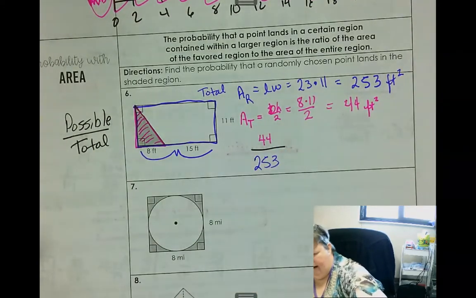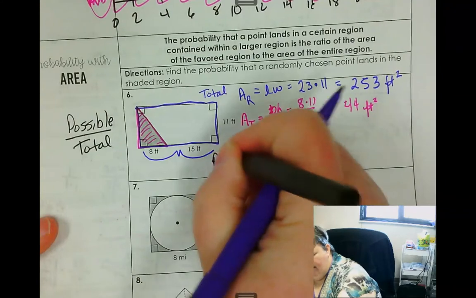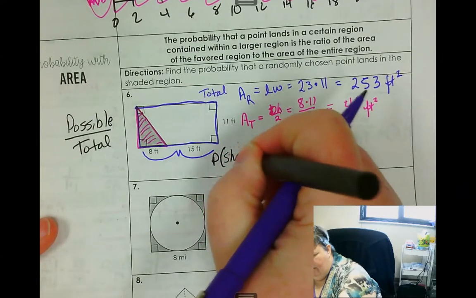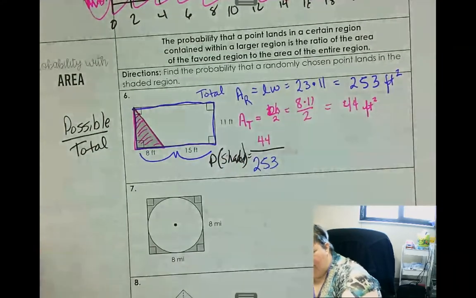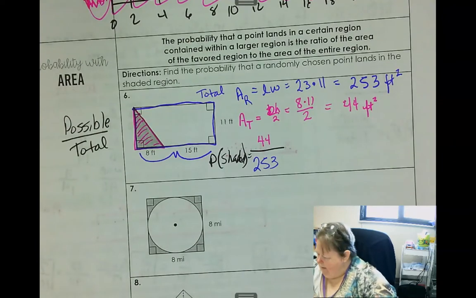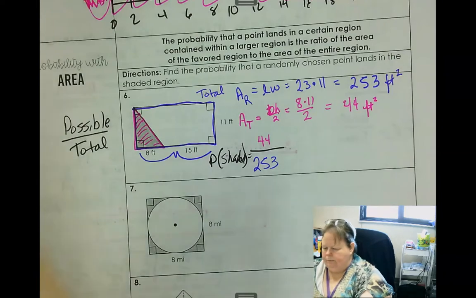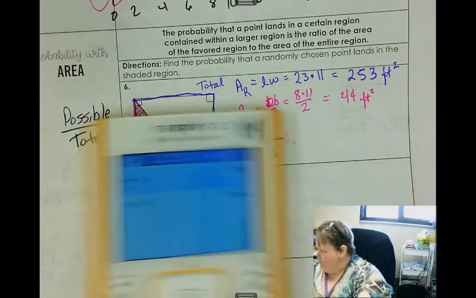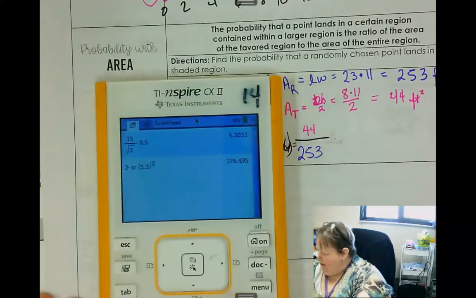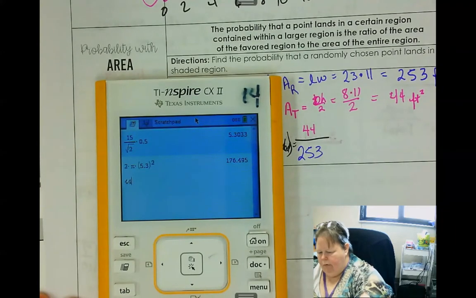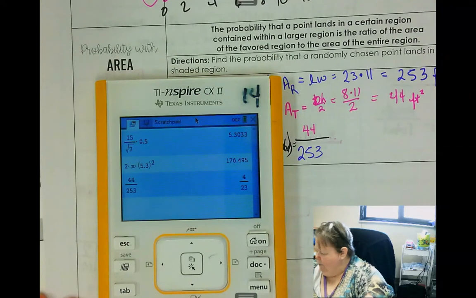And that's written as the probability of the shade is equal to, we take our handy dandy calculator, and we type in 44 divided by 253, enter, and I get 4 over 23.